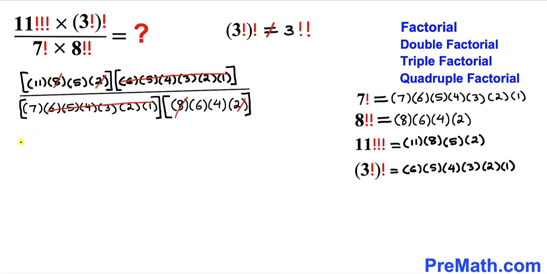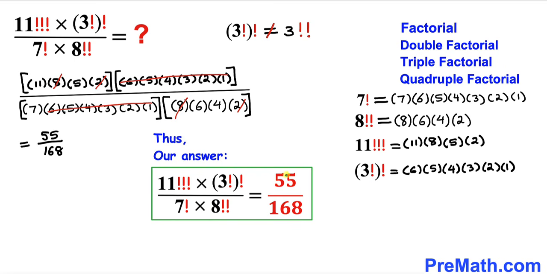Let's go ahead and multiply them out. 11 times 5 is going to give us 55 in the numerator, divided by 7 times 6 times 4, which is going to give us 168 in the denominator. So thus our answer to this question turns out to be 55 divided by 168.